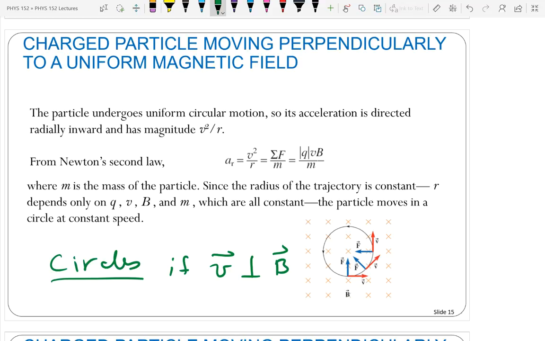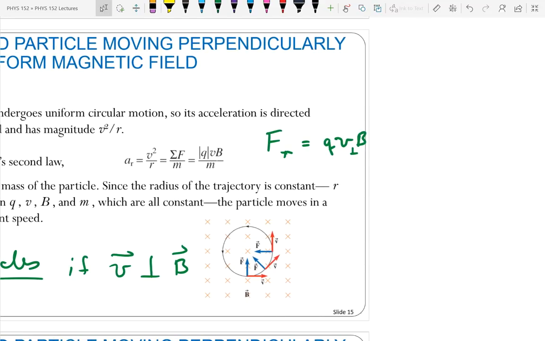How do you find the radius? You say, well, the force tangential is going to be QVB, where that's the speed perpendicular to the magnetic field. And according to Newton's second law, sum of the forces is mass times acceleration. In this case, it's only changing direction, so that's going to be the centripetal acceleration of V squared over R. So we can say, the only force acting is the magnetic force.